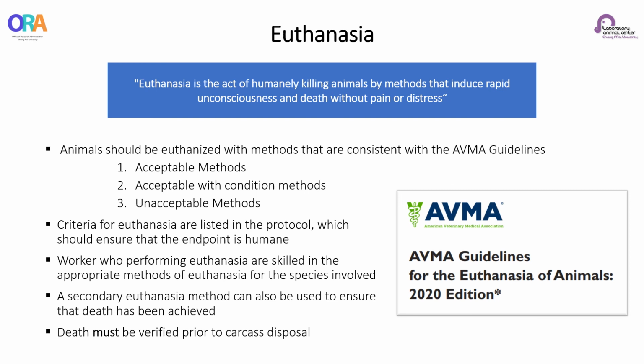Supervisors should be aware of the emotional effect on personnel who may occur when performing euthanasia on many animals. A secondary euthanasia method can also be used to ensure that death has been achieved. The euthanasia method should be reviewed and approved by the IACUC and veterinarian, including the primary euthanasia method.